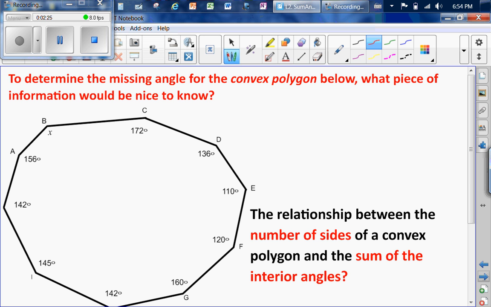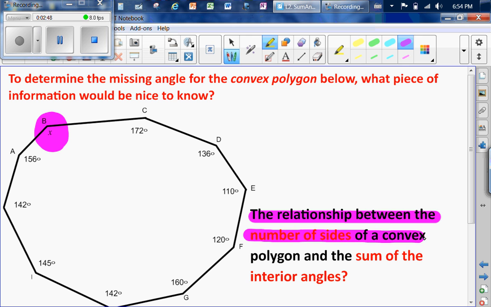Now, the problem that we need to figure out is to determine the missing angle for this convex polygon. We want to find out what the measurement of that angle is. What we need to know is the relationship between the number of sides of a convex polygon and the sum of the interior angles.